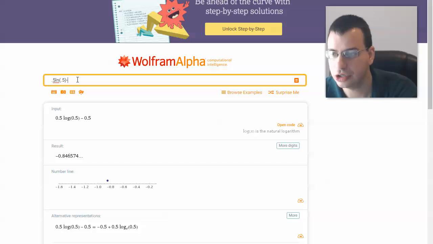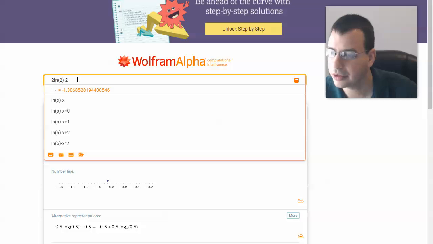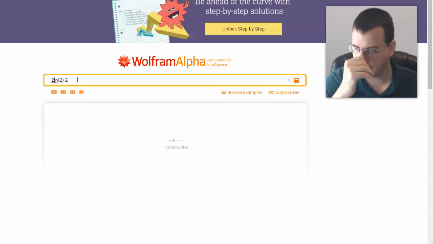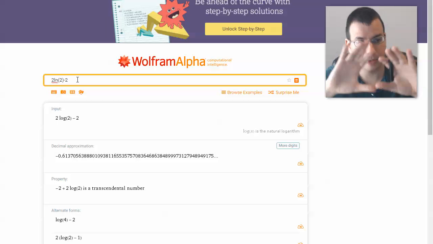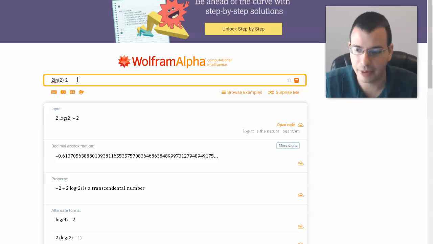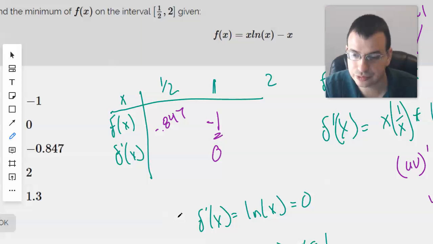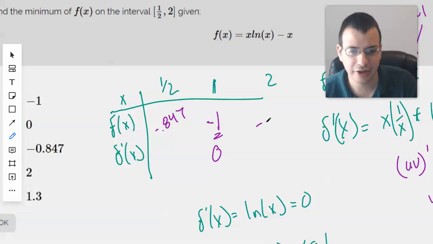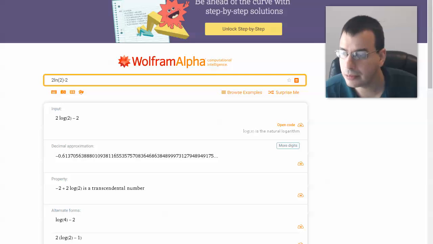Now we're going to plug in 2. And you can just do this on your calculator. Using Wolfram is using a way more powerful tool than I need for basic calculations like this. Negative 0.614. I think it was 0.614.